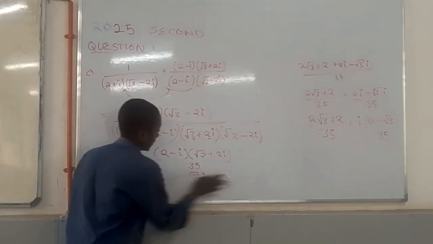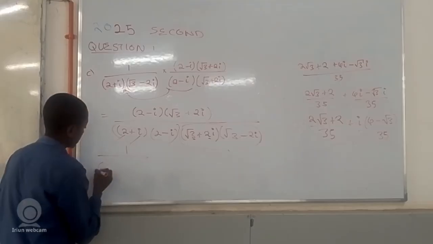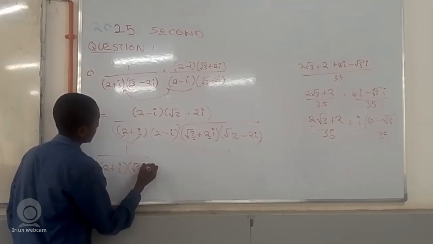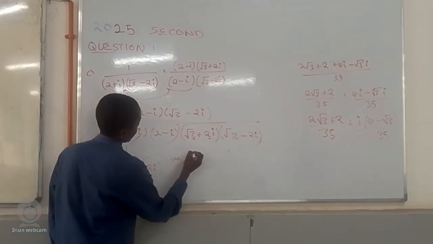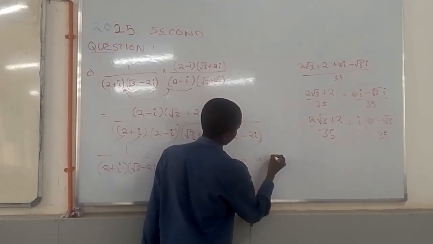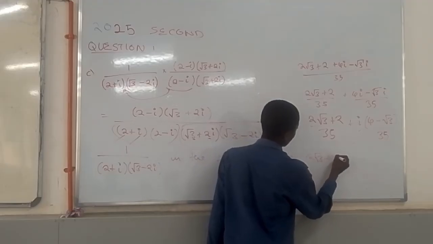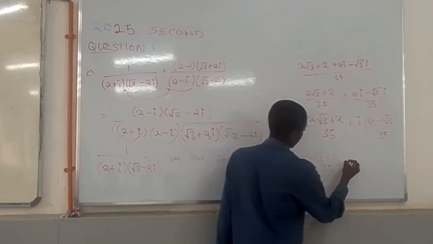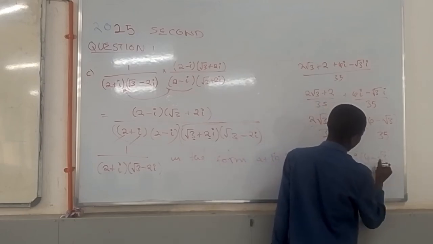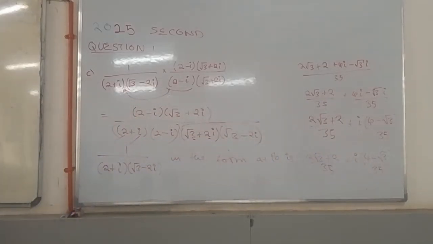The statement was that 1 over 2 plus i root 3 minus 2i in the form a plus ib is 2 root 3 plus 2 over 35 plus i 4 minus root 3 over 35. Write like that. If you write like that, means you were done.